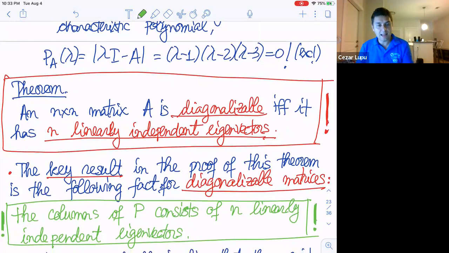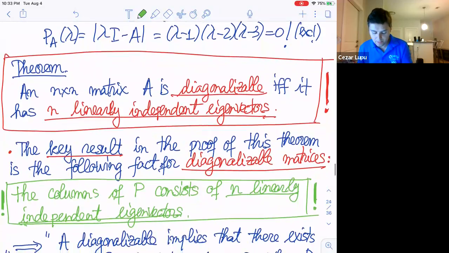So if you write the multiplication P inverse times A times P, as you will see, that matrix P will consist of n linearly independent eigenvectors. That's very, very important. So that's the key result in the proof of this.